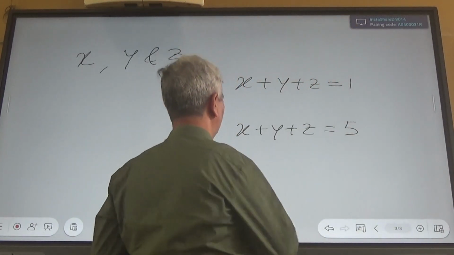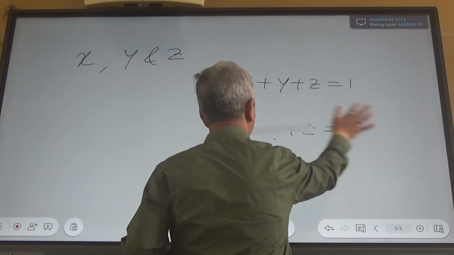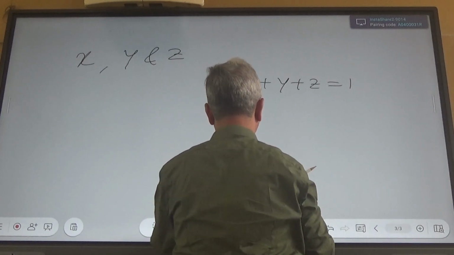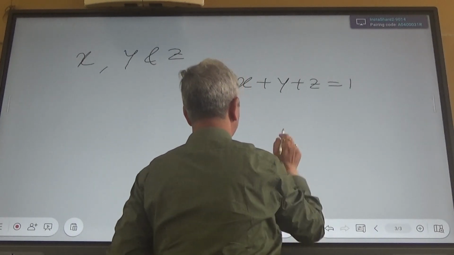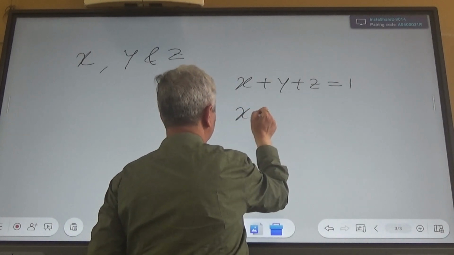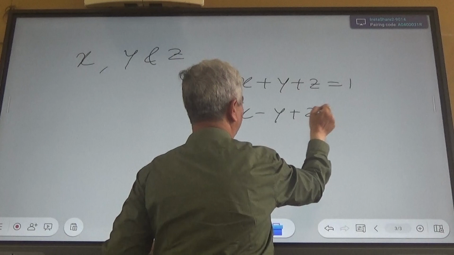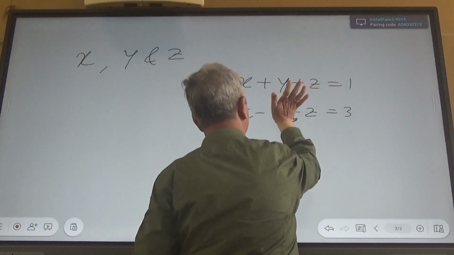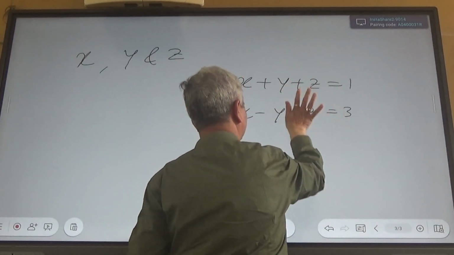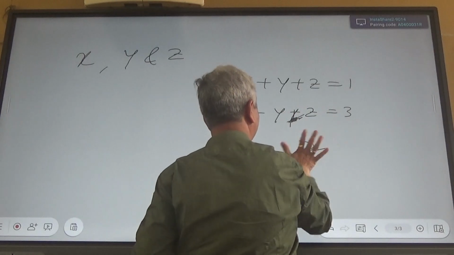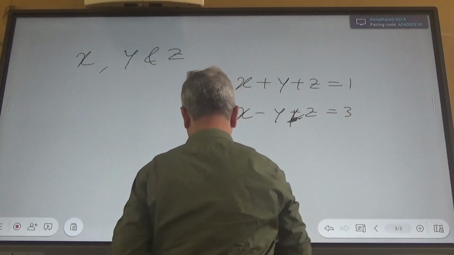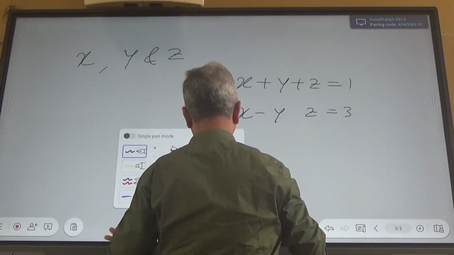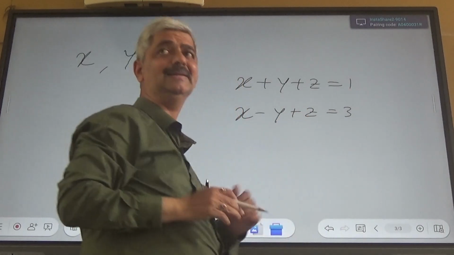Suppose we have x minus y plus z equal to something. This is another plane.